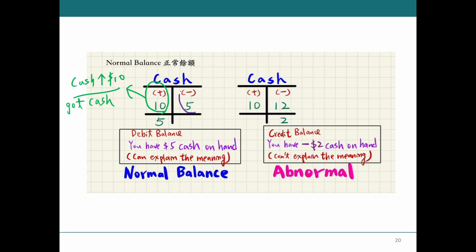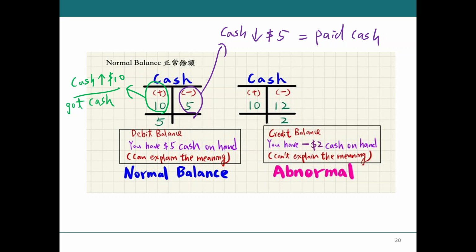So that's why your cash decrease. $5 because you pay the cash. Okay? So what happened? I got the cash $10. But because of some reason, I paid the cash $5. So could you tell me, after these two things happened, final amount, what's your balance?